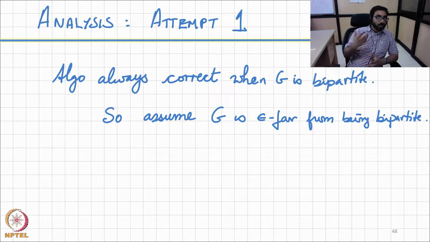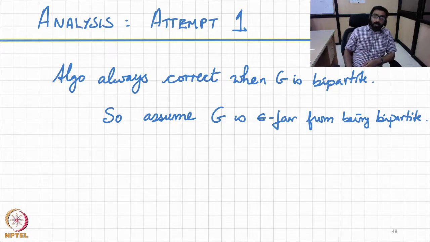So for that purpose, we're going to assume that the graph G is epsilon far from being bipartite. And now we have to show that the algorithm will reject such a graph with some good probability.